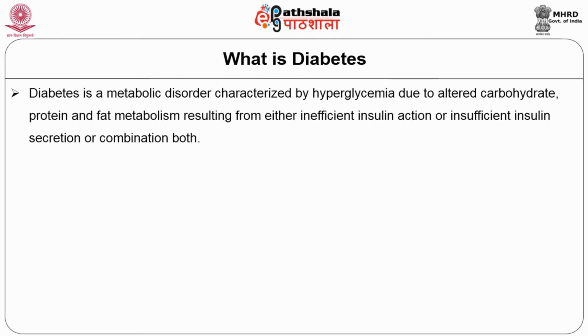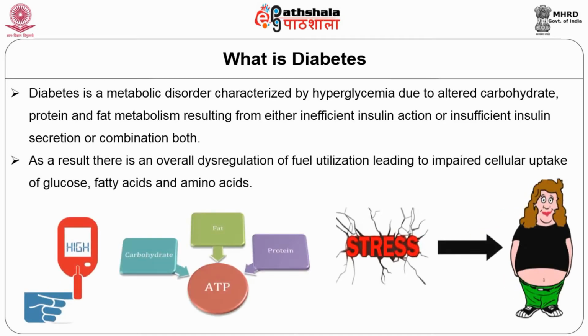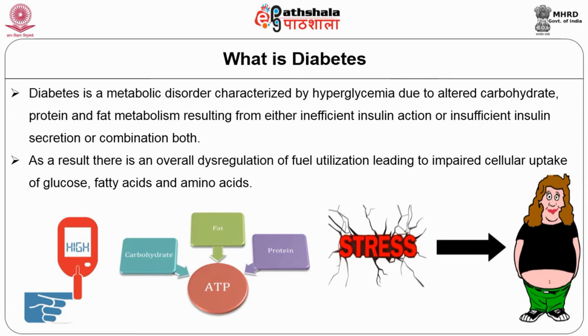So what is diabetes in detail? Diabetes is a metabolic disorder characterized by hyperglycemia due to altered carbohydrate, protein and fat metabolism, resulting from either inefficient or insufficient insulin action or a combination of both. As a result, there is an overall dysregulation of fuel utilization, leading to impaired cellular uptake of glucose, fatty acids and amino acids.